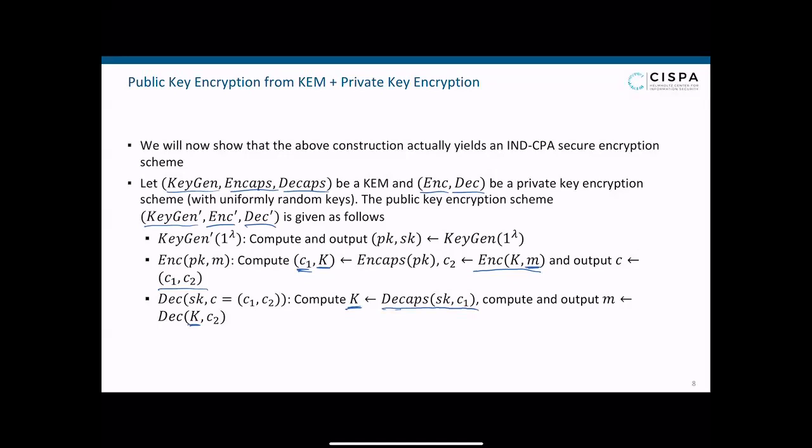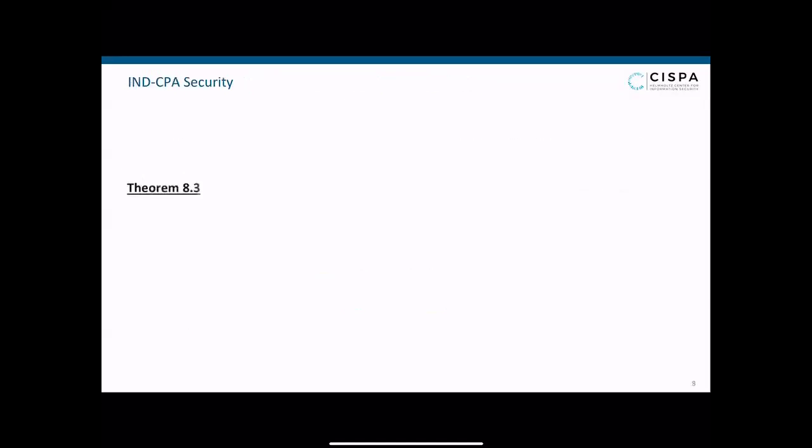We're just using the key encapsulation mechanism to securely transport this private key, capital K. Okay, and now I'm actually going through this rather quickly, but so that we're getting on with our program, I wanted to finish this part of the lecture today.